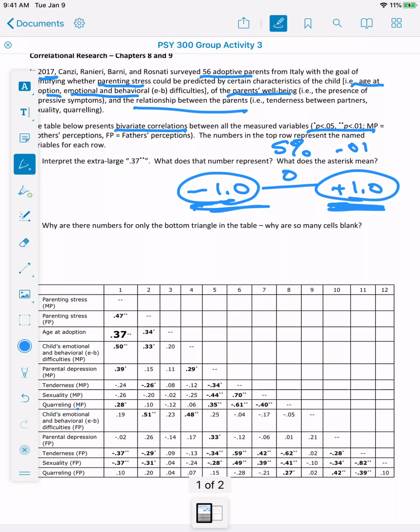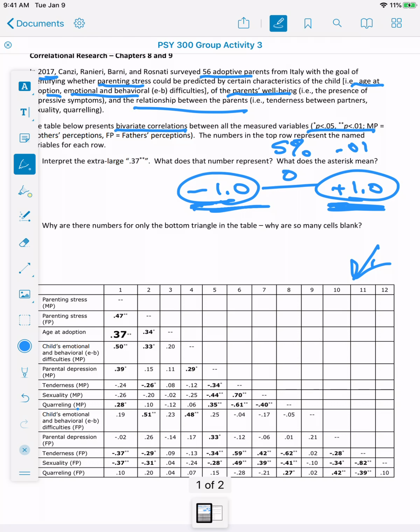That means there's a 99% chance that those numbers reflect reality, that there's a real relationship between those numbers. And so what we do as we present this information is we pair up all the different measures and we present an r value in conjunction with a p-value.